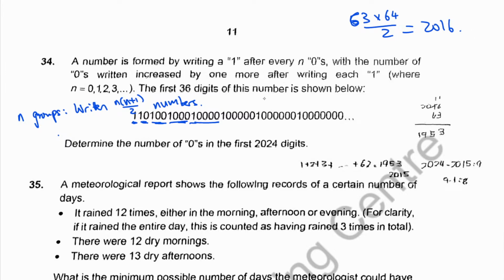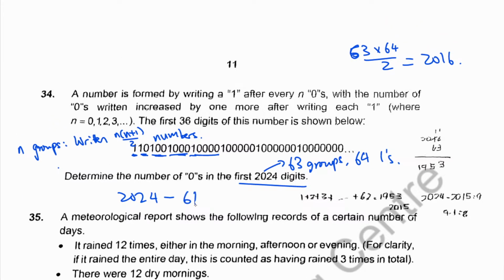And then for the first 2024 digits, that means there will be 63 full groups. So 64 ones, right? Because you started the 64th group already. So if you have 64 ones, then 2024 digits minus 64 ones will be equal to 1960 zeros.